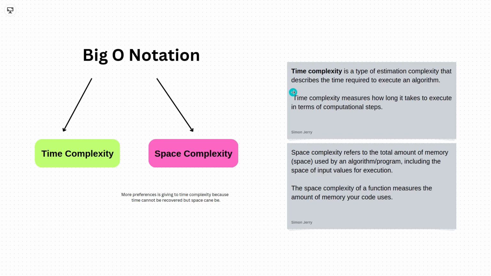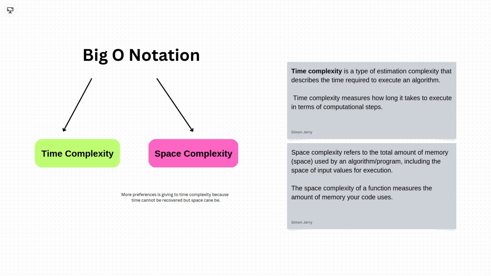So what is time complexity? Time complexity is a type of estimation complexity that describes the time required to execute an algorithm. It measures how long it takes to execute in terms of computational steps, while space complexity refers to the total amount of memory space used by an algorithm or a program, including space of input values for execution.